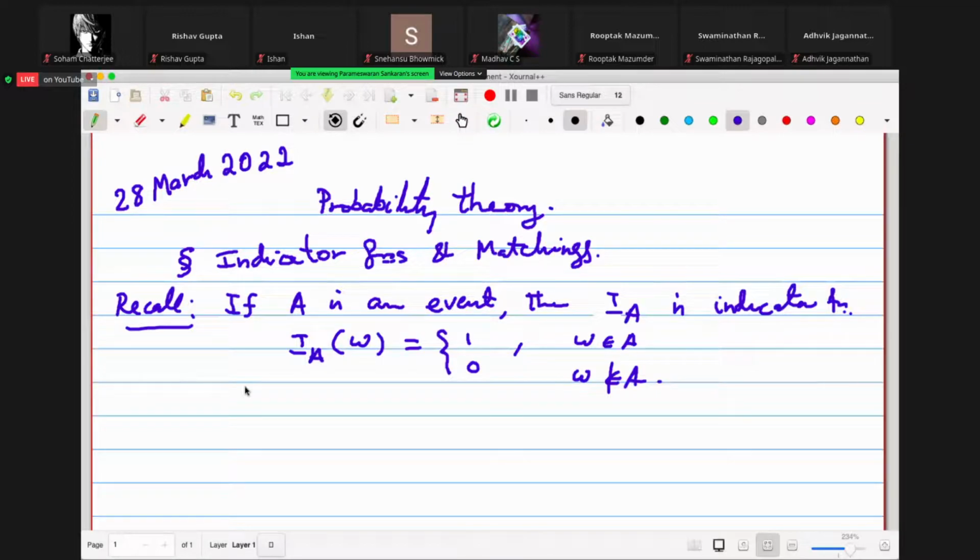And so the basic property is that the indicator function of A union B is the indicator function of A plus the indicator function of B minus the indicator function of A intersection B.